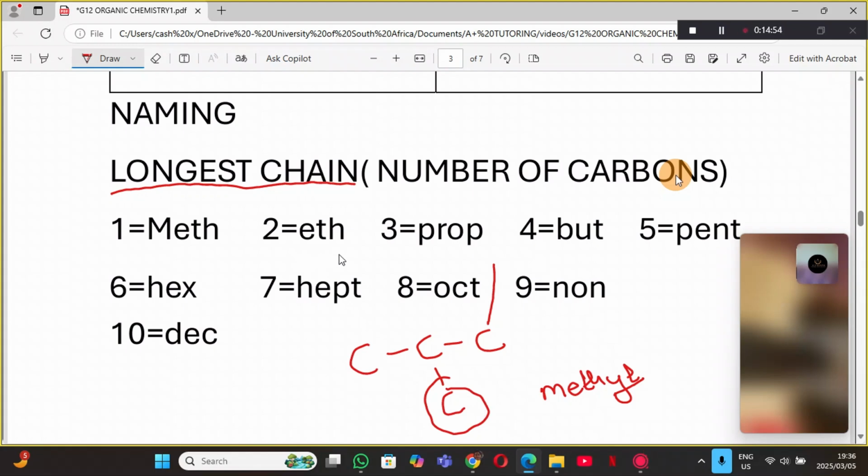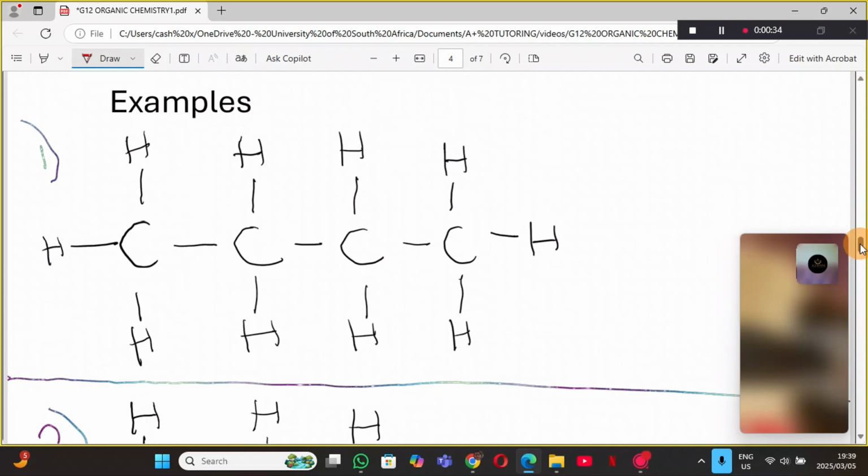Now, if you have 2 carbons, it's an eth. Depending, is it this one? How many carbons do I have? 4 carbons, right? And do I have single bonds or do I have double bonds? Single bonds. So carbons with single bonds, it's a what?